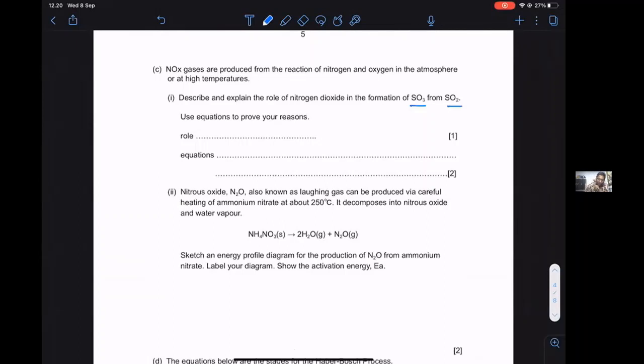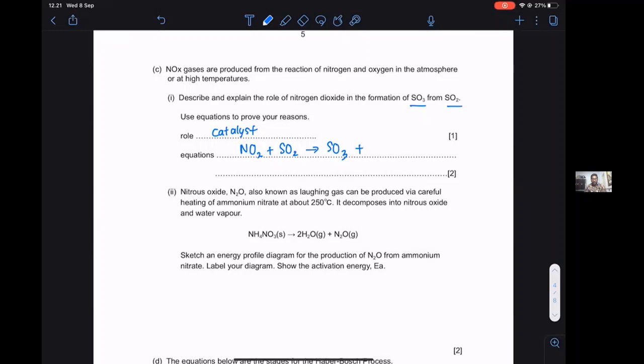You are reacting nitrogen dioxide with SO2 and forming SO3. In this case, what is the role? Most of you answered catalyst. There is another answer which is also accepted. I will discuss it in a while.